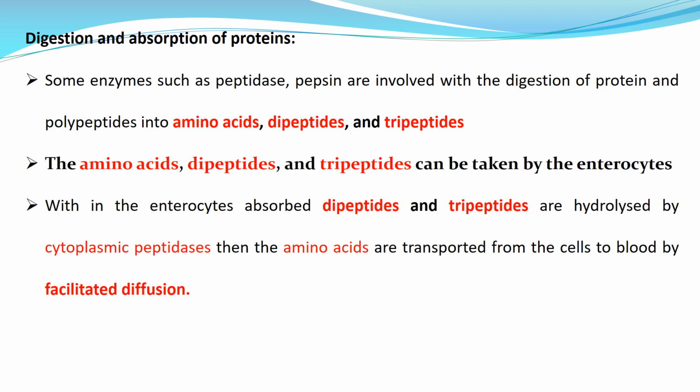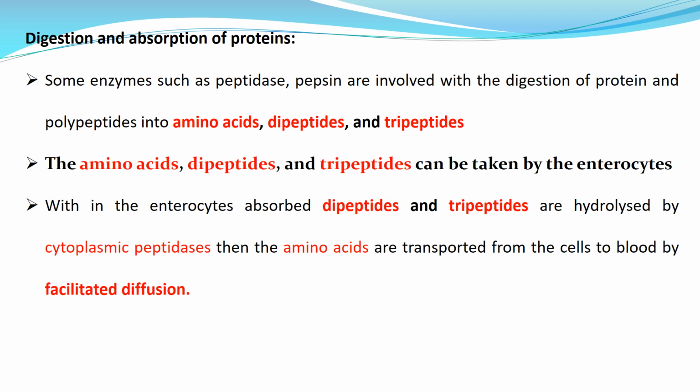So, in contrast to carbohydrate, which can be absorbed only as monosaccharides, protein byproducts can be absorbed as a single amino acid, dipeptide, or tripeptide.